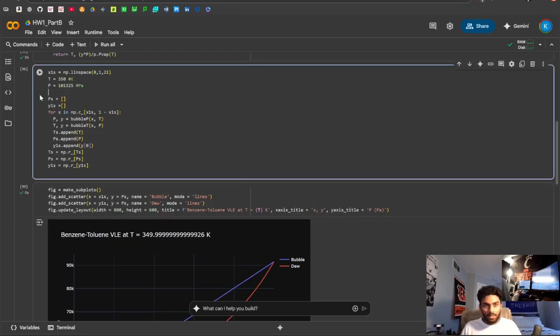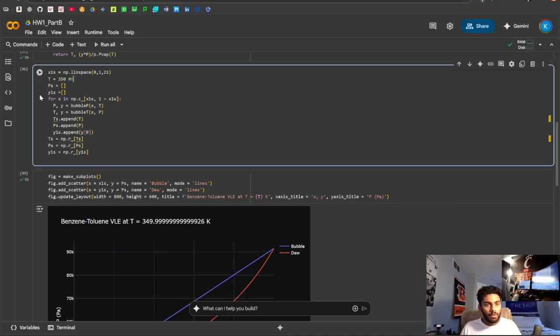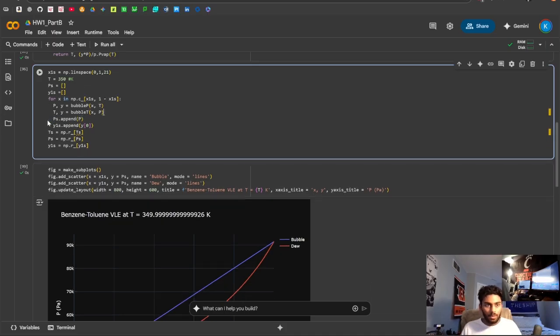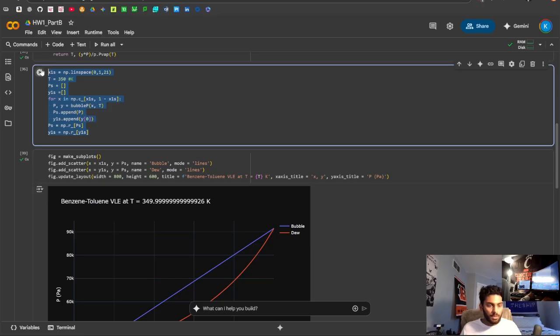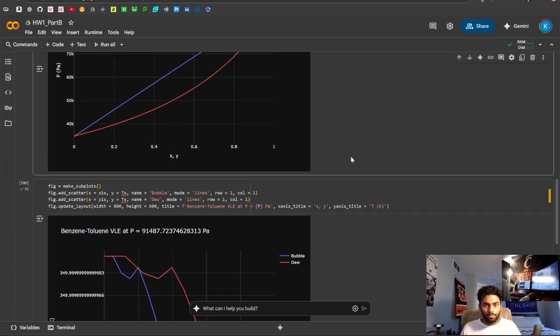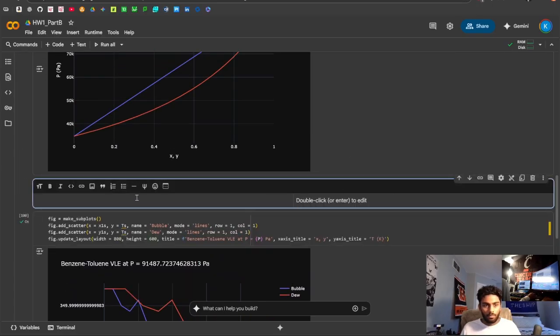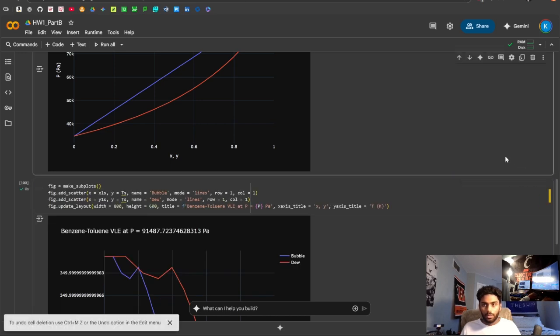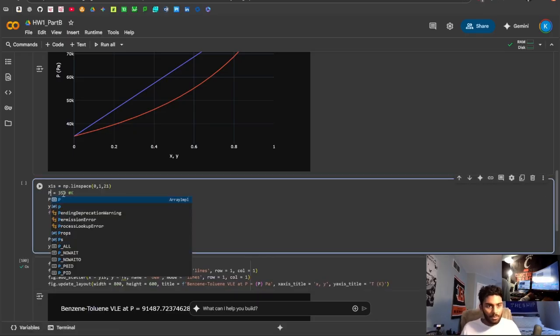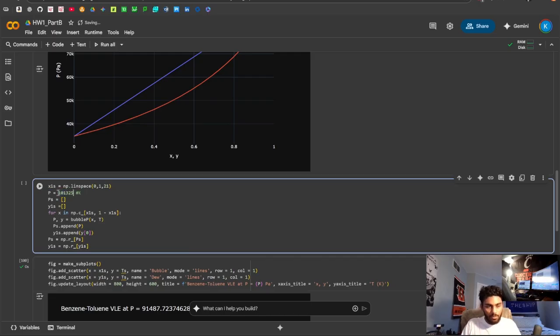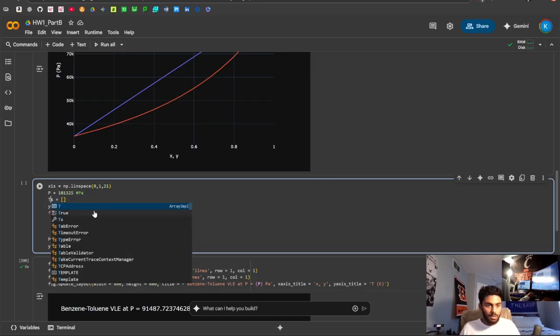Here, I don't think this is interfering with each other, so I'm just going to get rid of this. Here, I'll copy this. No, don't want that. P equals 101,325 pascals. Our T's and our Y's are set up.